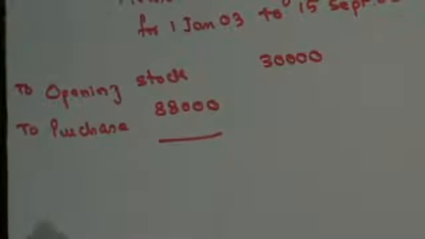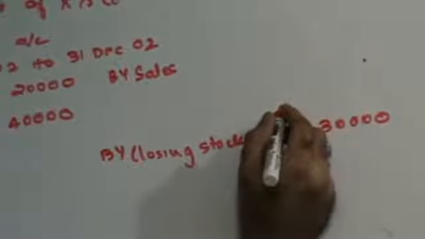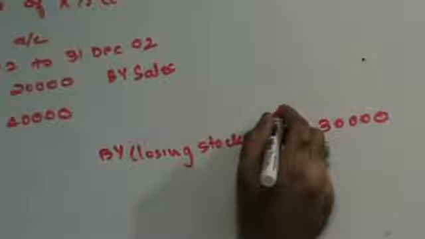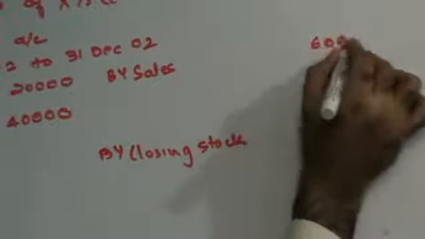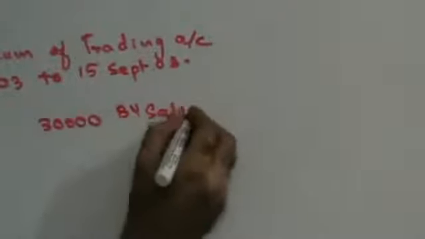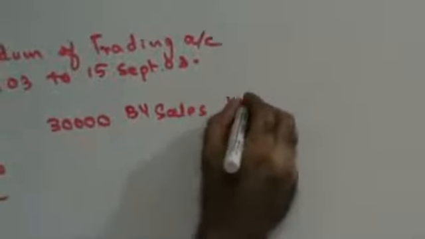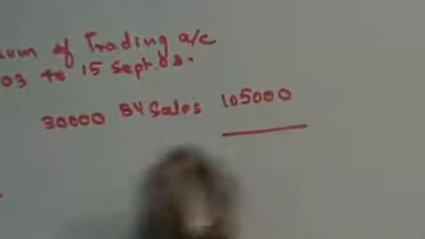Next, sales for the previous year. By sales for the previous year is given to you as 60,000. Next, sales for the current year. By sales for the current year is given to you as 1,05,000.